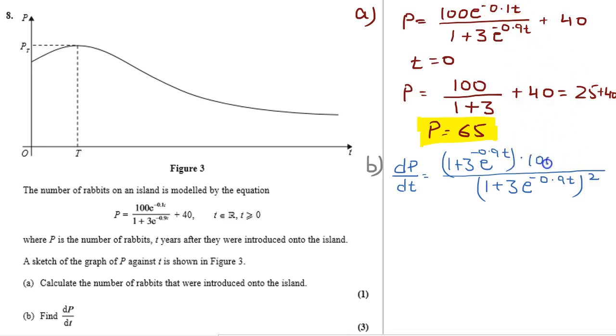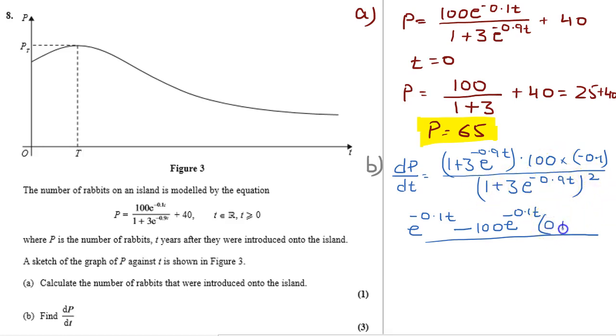100 multiplied by minus 0.1, multiplied by e to the power minus 0.1t, minus 100 e to the power minus 0.1t, the differential of this.